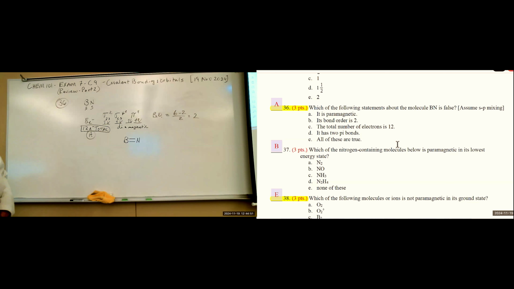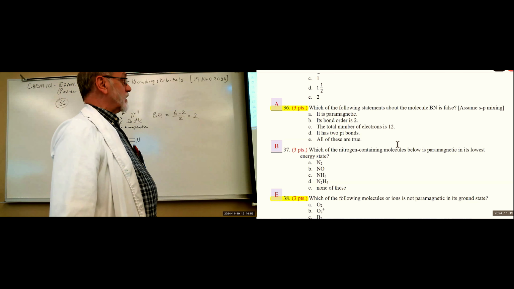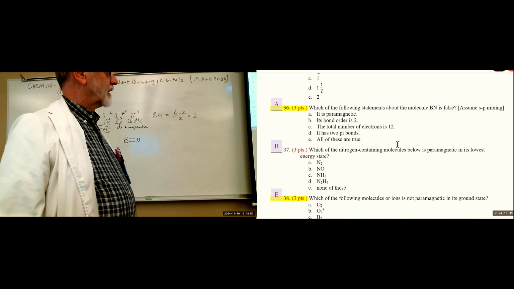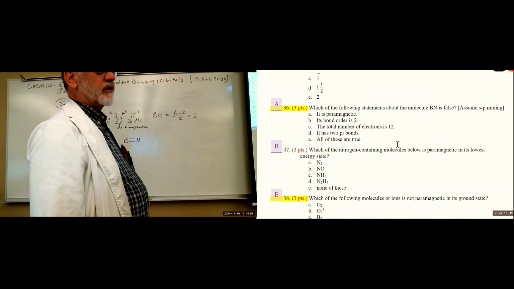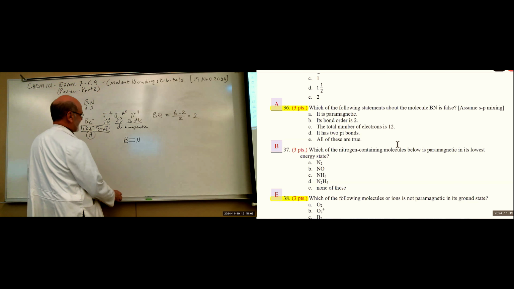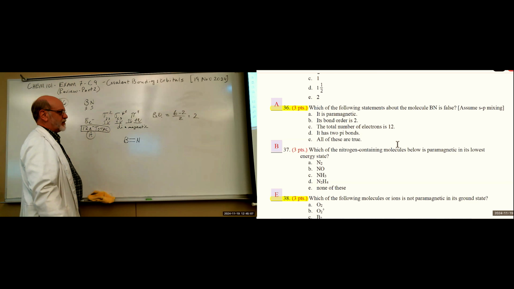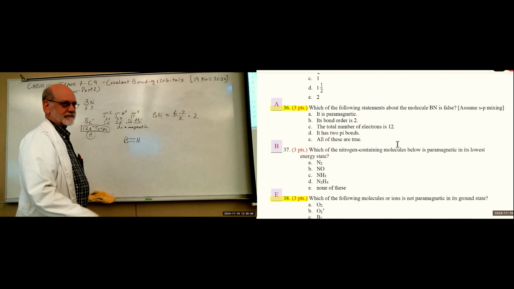But the way the question is written, it could be A or it could be D. So E probably should be 2 of the above. Yeah, because you only got 1 pi bond. You can't have 2 pi bonds and no sigmas.